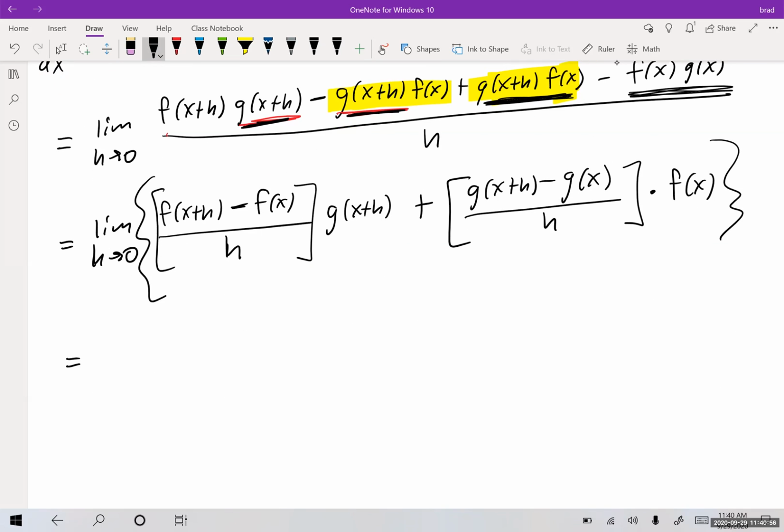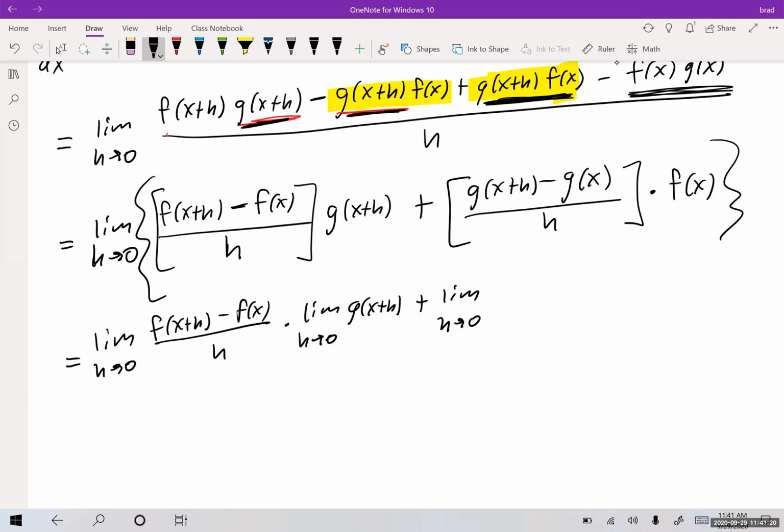So now what I can do is I can say the limit as h approaches 0. And remember, we're allowed to split a limit through multiplication or addition. So we're going to say the limit as h approaches 0 of f of x plus h minus f of x all over h, times the limit as h approaches 0 of g of x plus h, plus the limit as h approaches 0 of g of x plus h minus g of x all over h, times the limit as h approaches 0 of f of x.